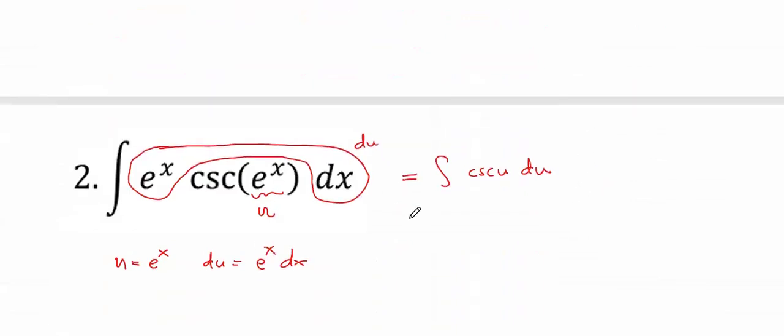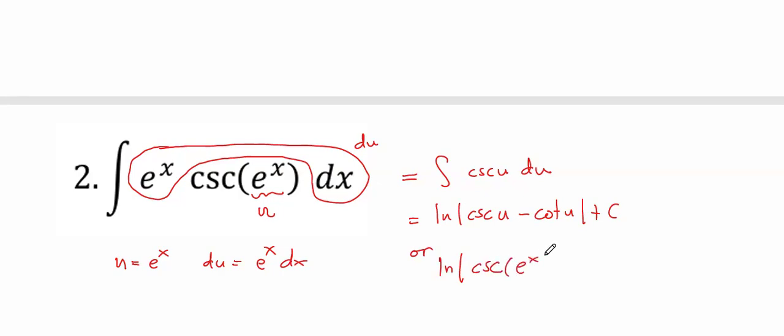So the answer here is ln absolute value of cosecant of u minus cotangent of u, plus c. Be careful with the variable. The variable here is u, so our answer should also be in u. The final answer is ln absolute value of cosecant of e to the x minus cotangent of e to the x, absolute value, plus c.